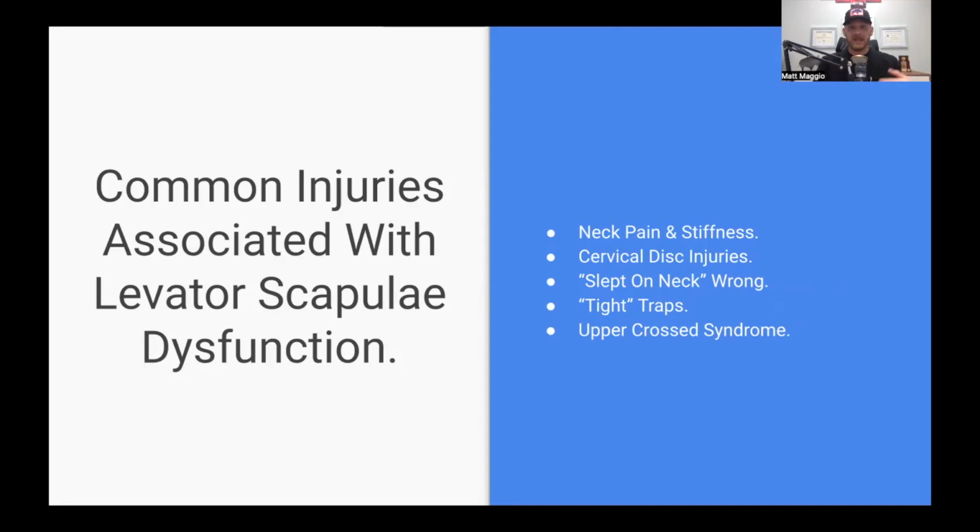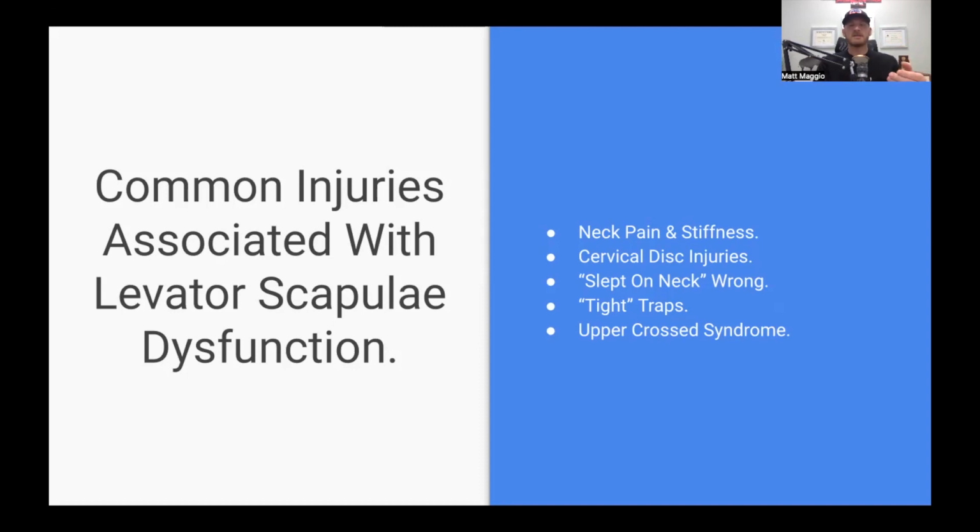And when that happens, it gets overworked. It's constantly stretched and contracted. When this happens, it doesn't get enough blood flow, doesn't get enough oxygen, causes the muscle to start laying down adhesions like a glue that gets inside there, makes the muscle weaker, less flexible, in turn puts more pressure on the neck, and then the neck has to just be almost like in a vice every single time throughout the day.